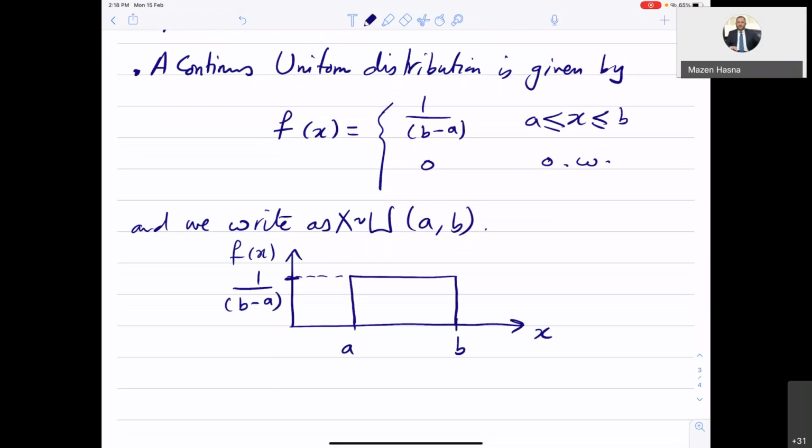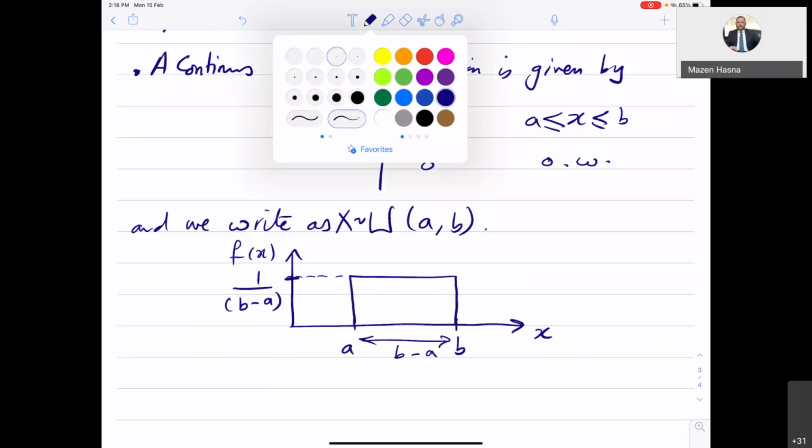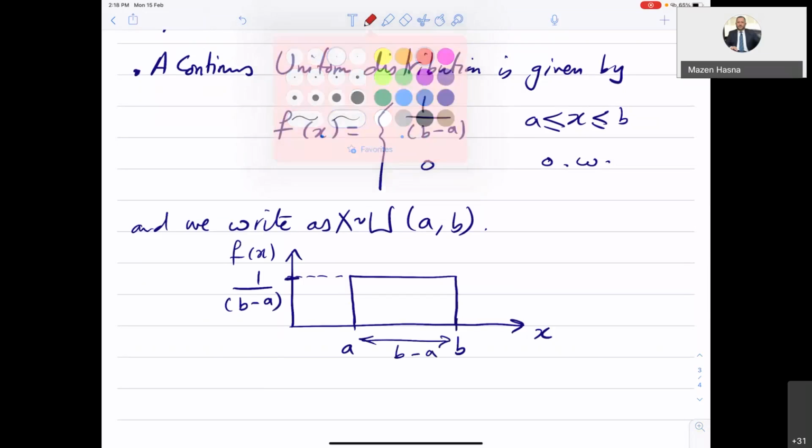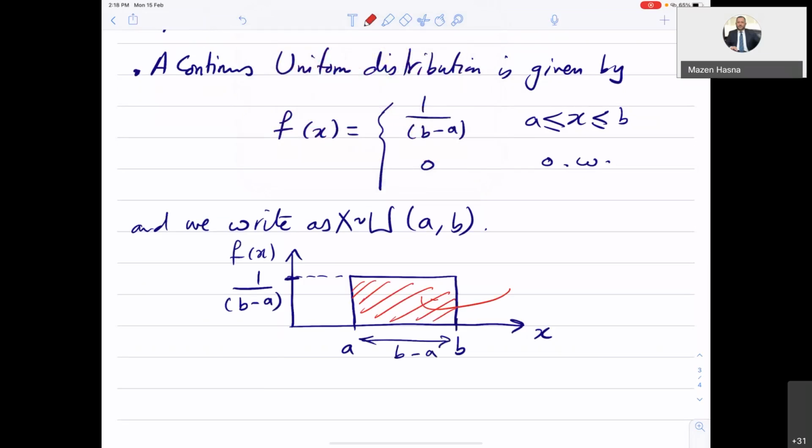Why 1 over b minus a? Because again, the area should be 1, and we know that this part is b minus a, so the height should be 1 over b minus a, so that I have an overall area of 1.